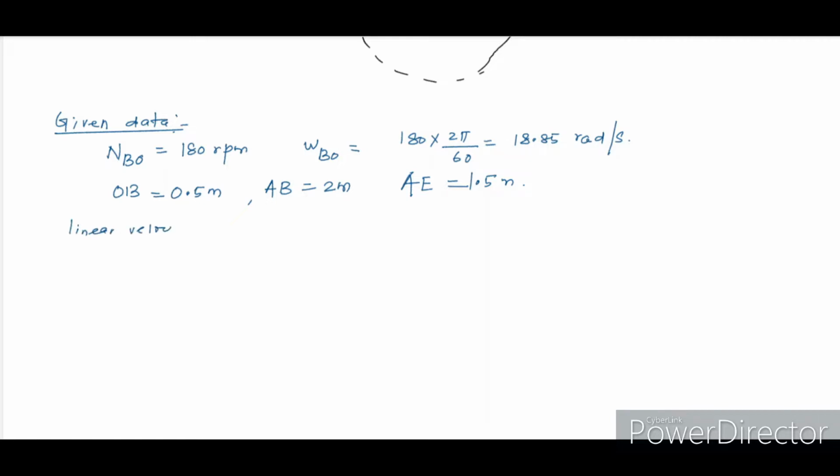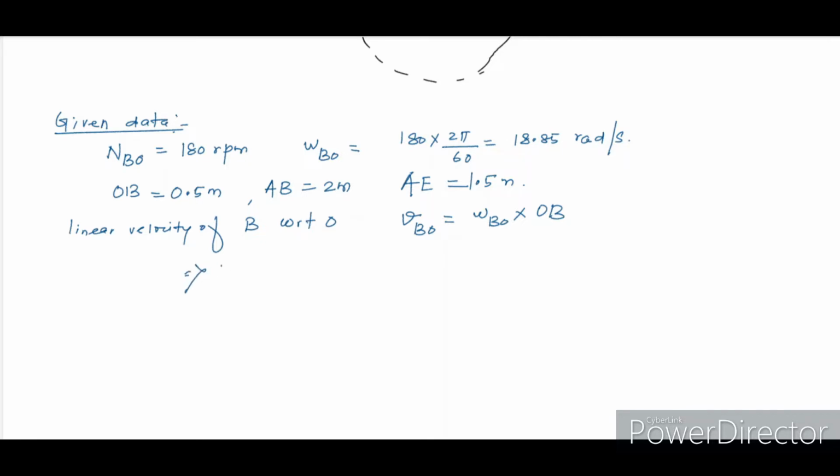Now the linear velocity of point B with respect to point O, that is VBO, is equal to omega BO into, here it will be OB. Remember the notation I have already told you.